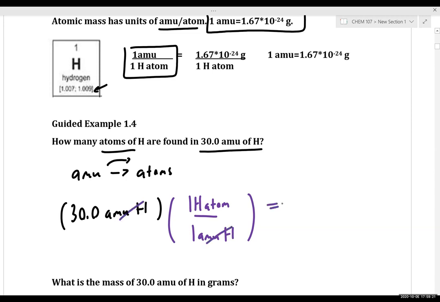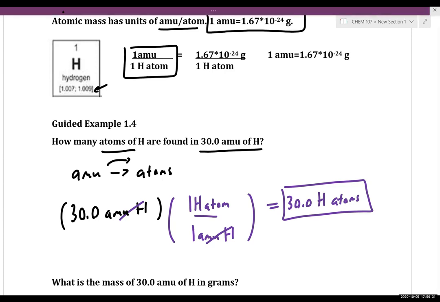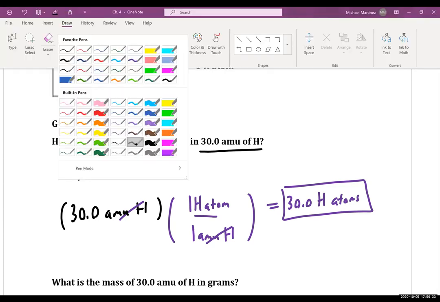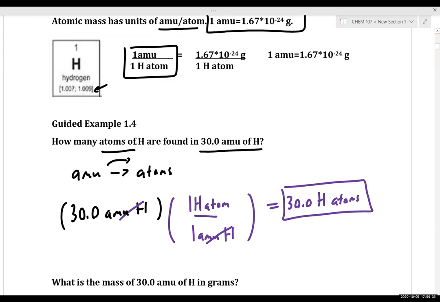AMUs cancel, and we're left with 30.0 hydrogen atoms. Does this make sense to everyone? So again, we're using the same logic of unit conversions.